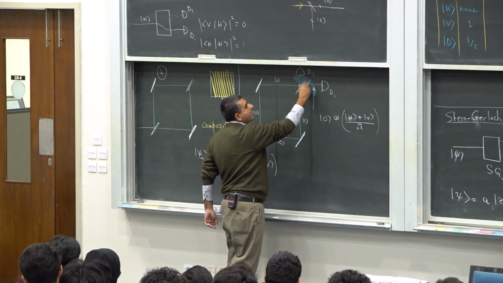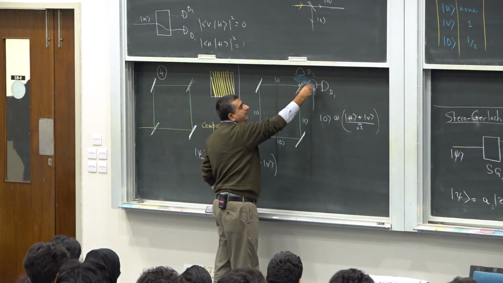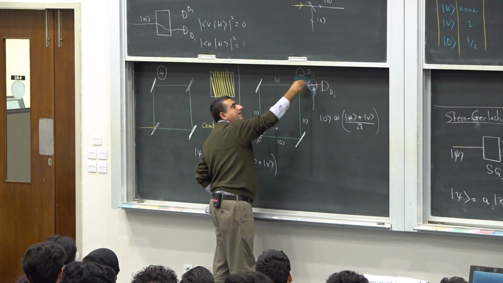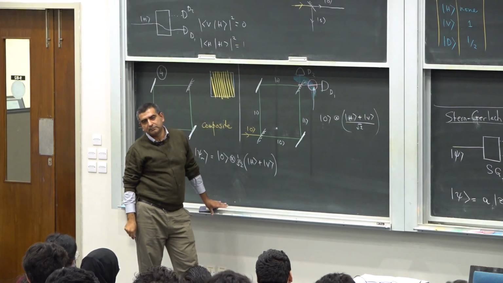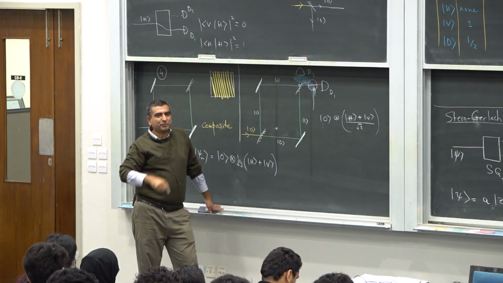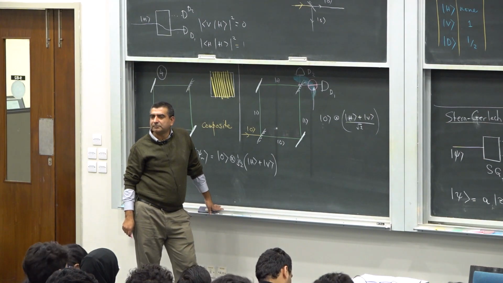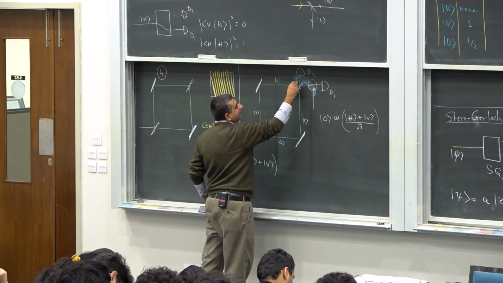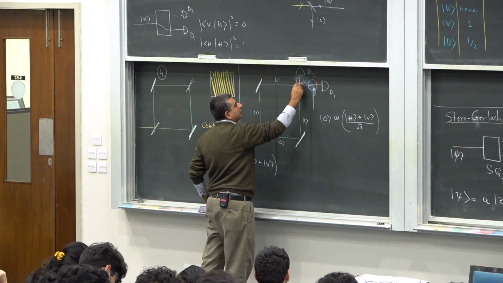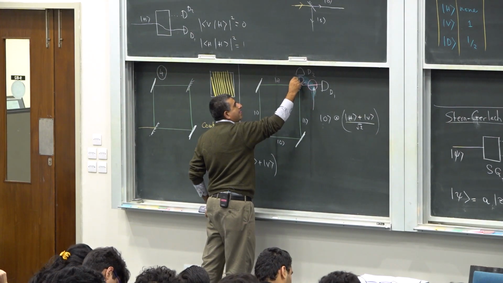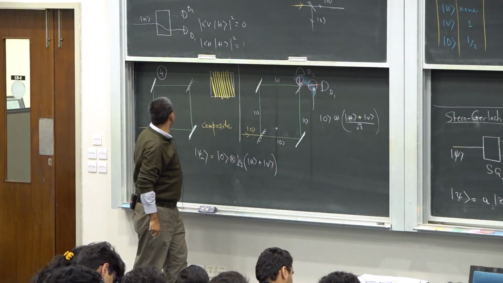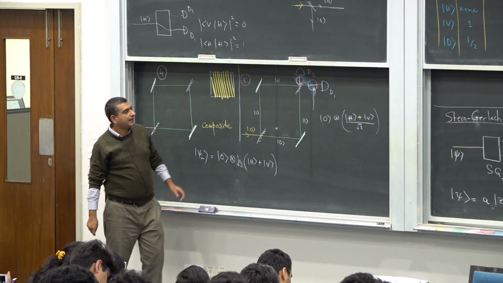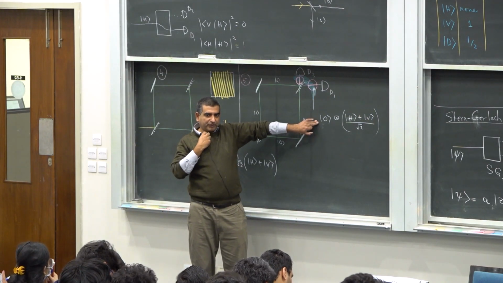Let's put a polarizer here which is horizontally polarized. Correct? Pink represents polarizers. And let's put a polarizer here which is vertically polarized. This is my step 5. Now the quantum state that comes out is this particular quantum state.